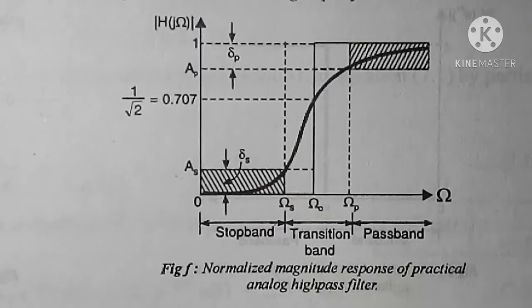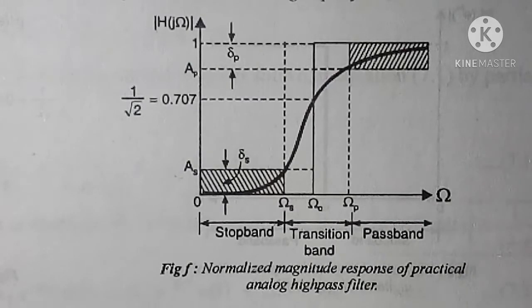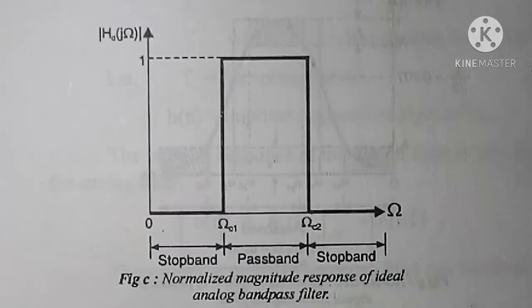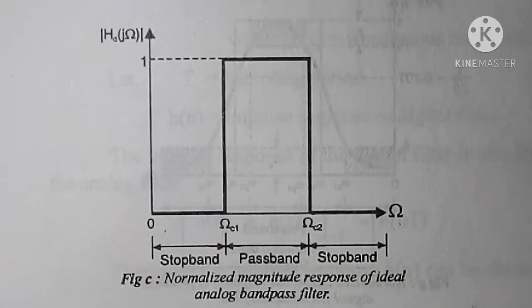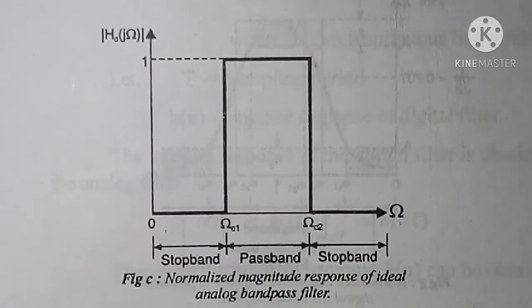Now we will take up normalized magnitude response of ideal analog bandpass filter. The filters used for passing only the frequency components of the input signal in the required range of frequencies is called bandpass filter.